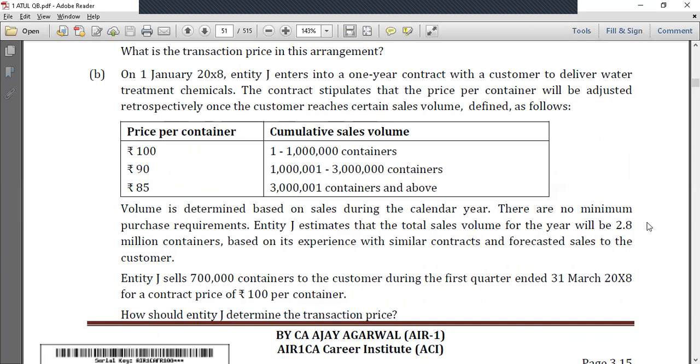Now here, volume is determined based on the sales during the calendar year. There are no minimum purchase requirements.